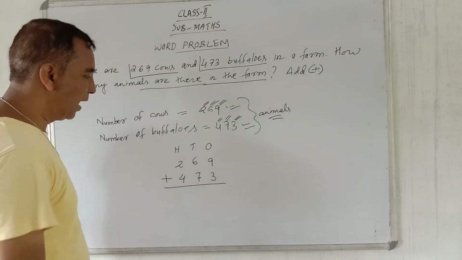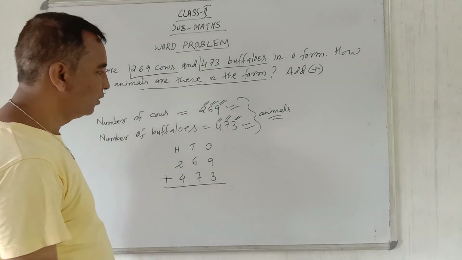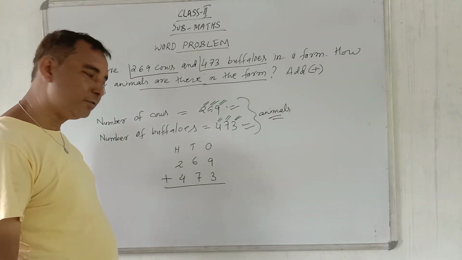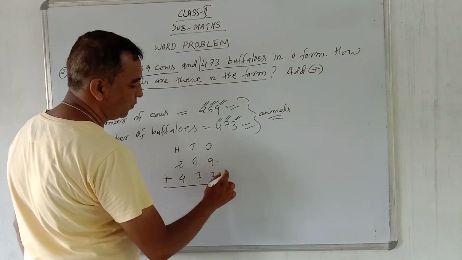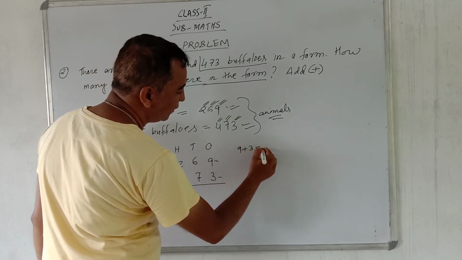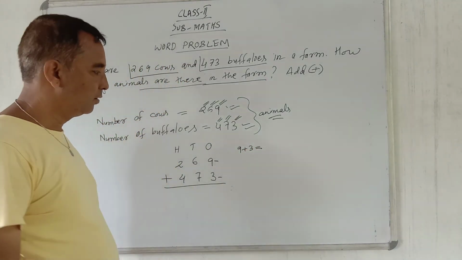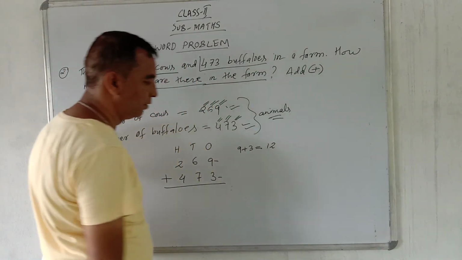Clear? Now, how will we add? We will start adding from the last digit, that is the ones place. Understood? So, 9 plus 3. 9 plus 3 is equal to how much? I think you got the answer also. 9 plus 3, 12.